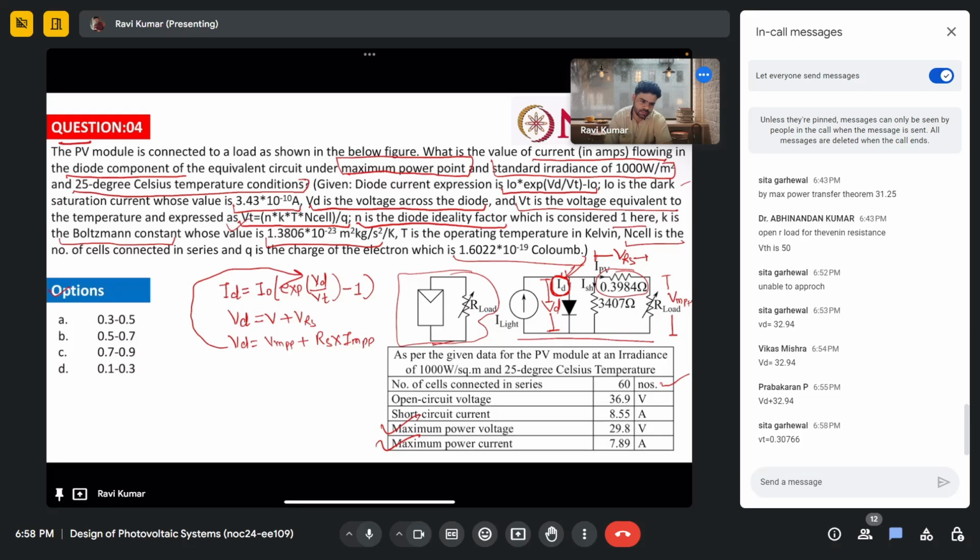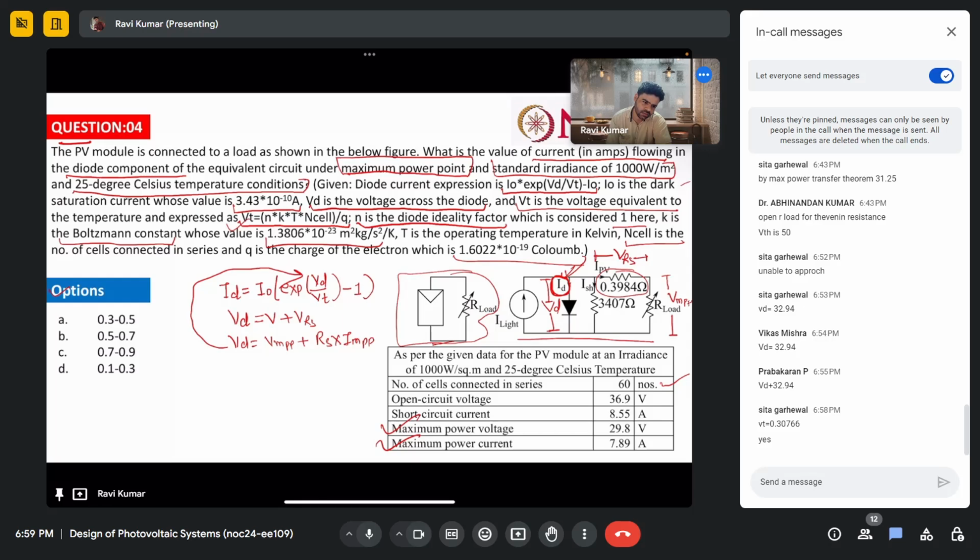Sita, Vikas, VT 0.3076. Have you converted the temperature into Kelvin? Then only you are getting this. And KT by Q.